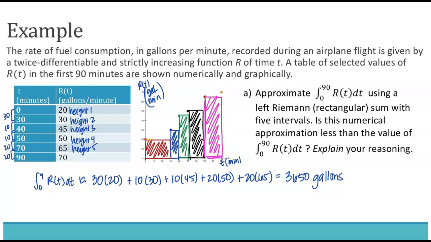Since we're always increasing, if I connect the dots like this, I can see that there's a gap between my rectangular approximation and my function. So yes, because I am told that my function is strictly increasing, I do know that this numerical approximation is less than the actual value.